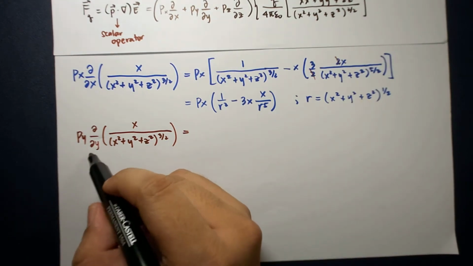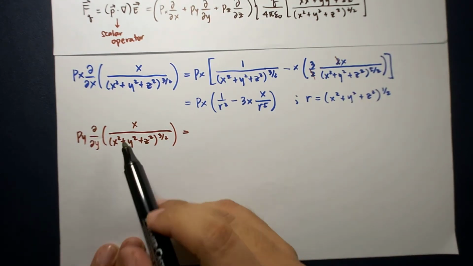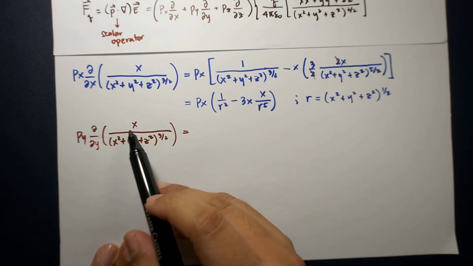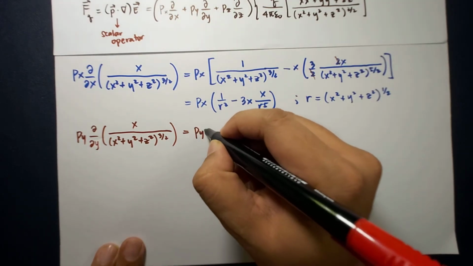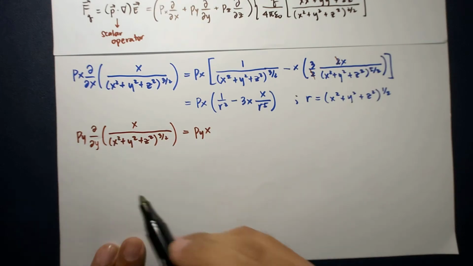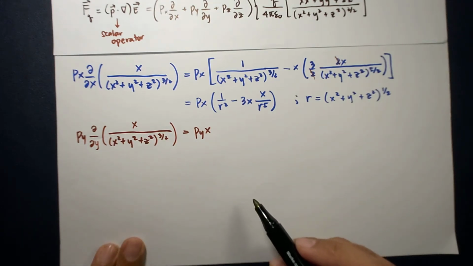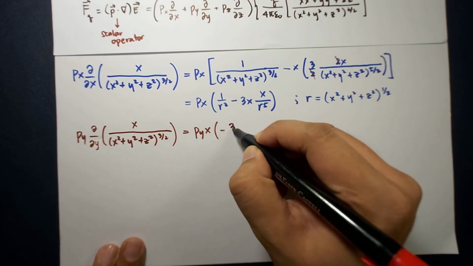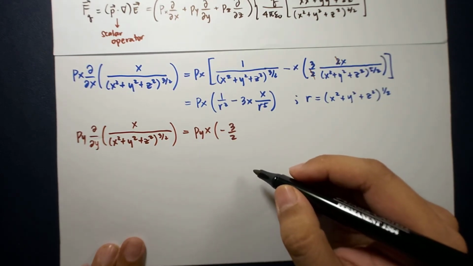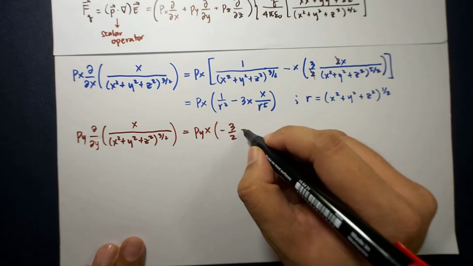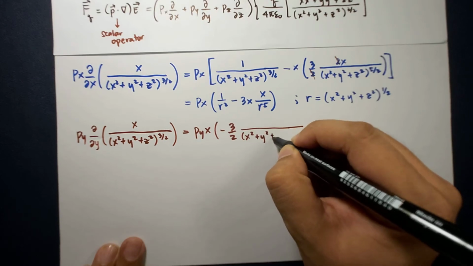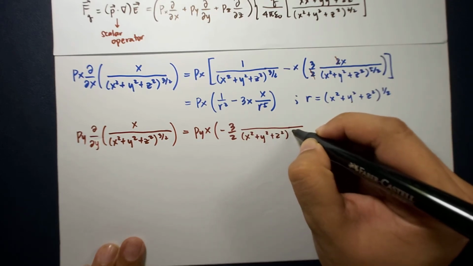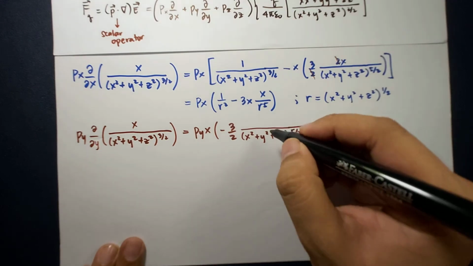Because this is with respect to y, the numerator will be considered a constant. So this is py x times the derivative of the denominator, which is negative 3/2 times 1 over x squared plus y squared plus z squared to the 5/2 times 2y.